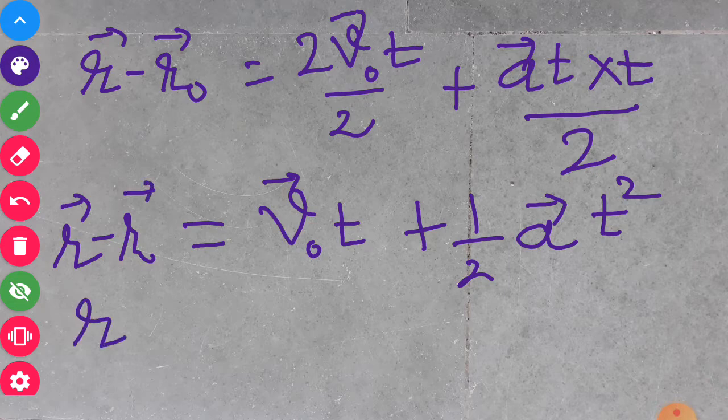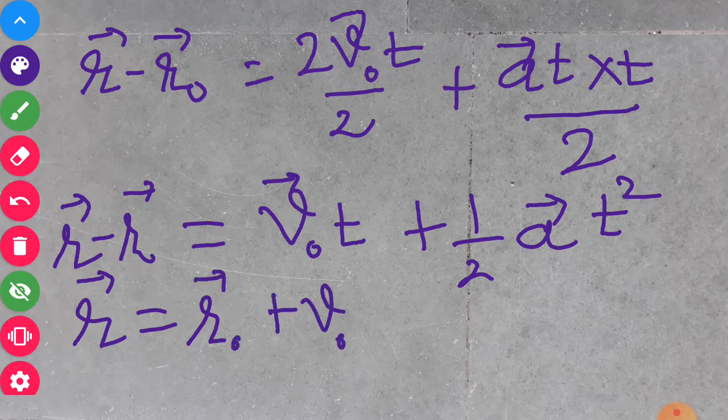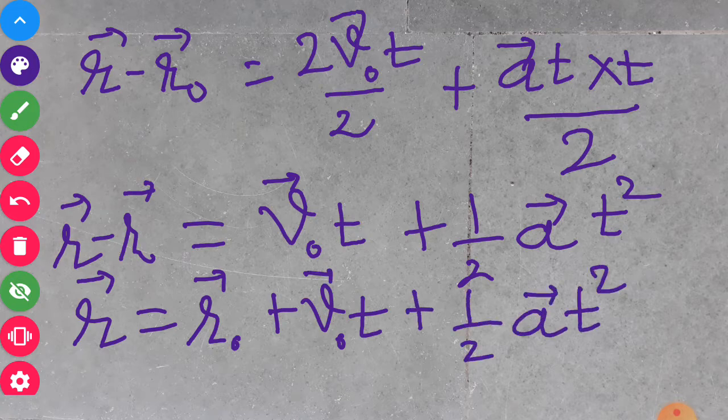Sometimes it is written as final position r is equal to r0 plus v0t plus half at square, with vectors. Okay. So this is the equation of final position.